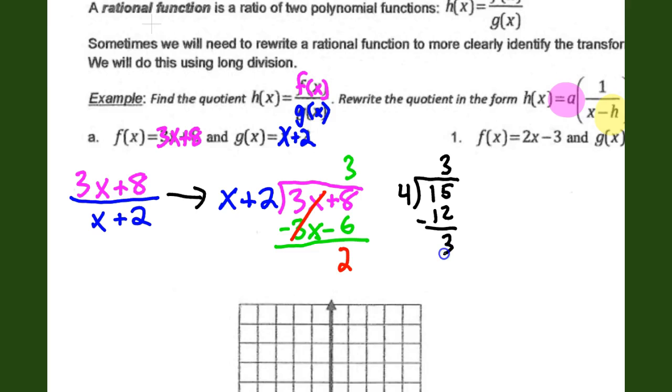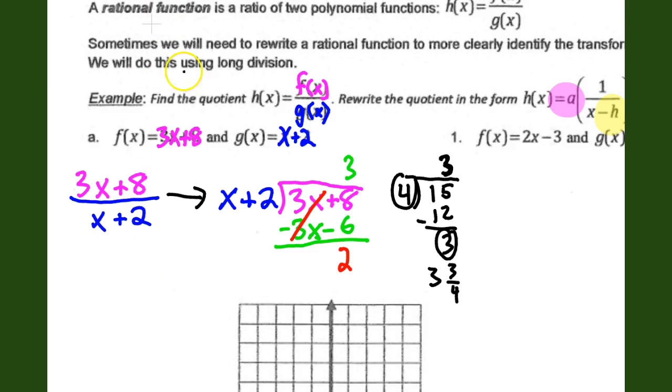Subtract, get a 3 as a remainder, and then the answer would be 3 and 3/4. Okay, so this 3 here and 3 over 4. We'll do the same thing here, just with all of the polynomials.